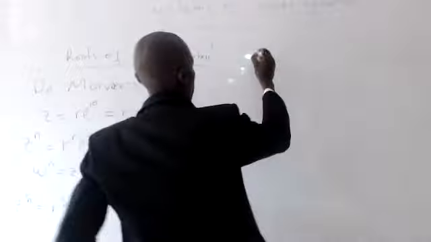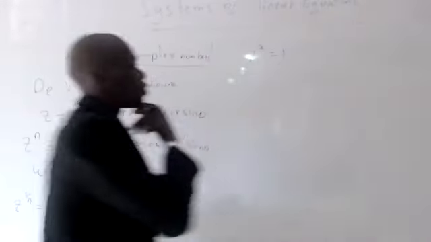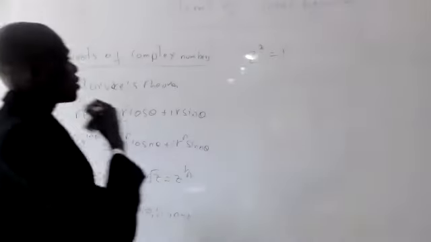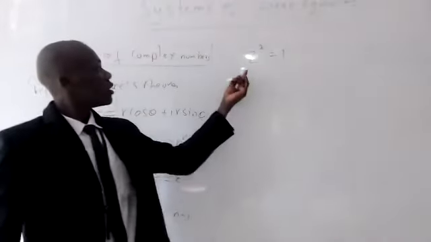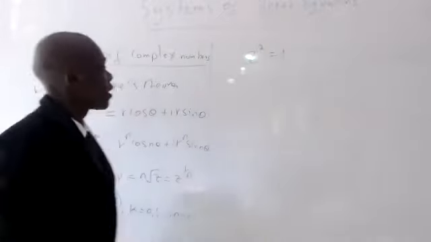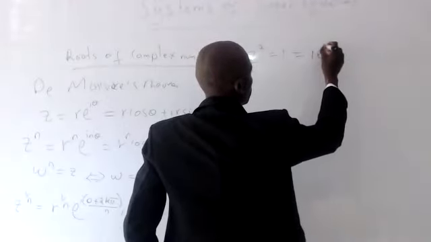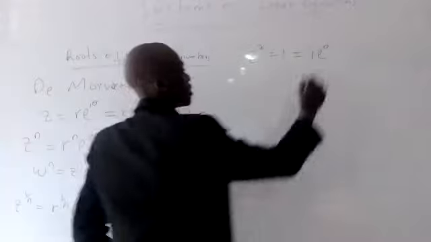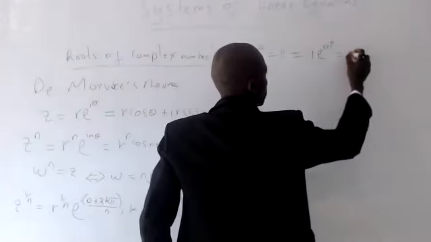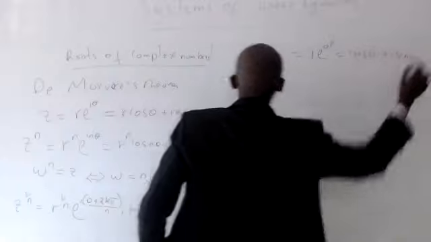So suppose I asked you to solve the equation z squared is equal to 1. I'm simply asking for the square roots of 1. In polar form this is simply going to be 1 exponent 0i, which is the same as cosine of 0 plus i sine of 0.